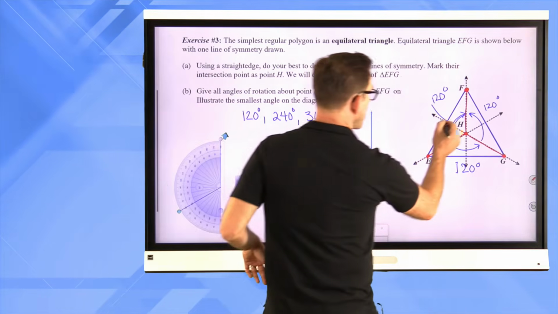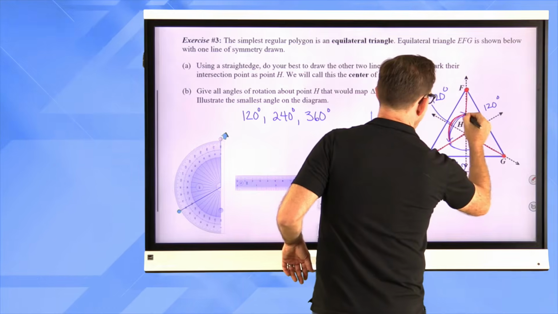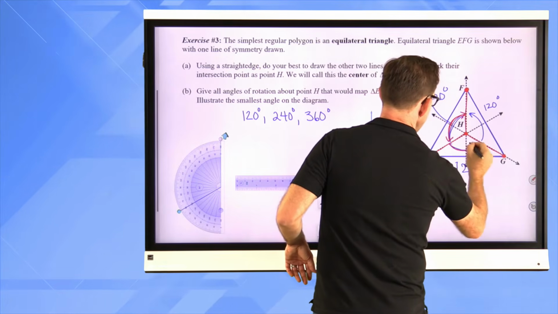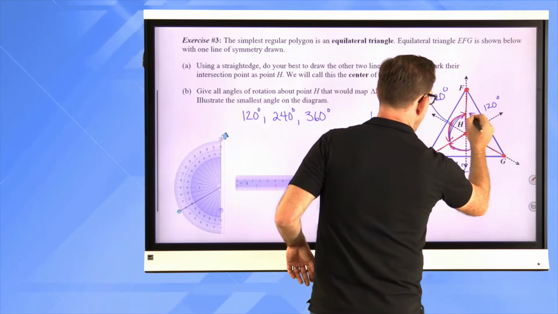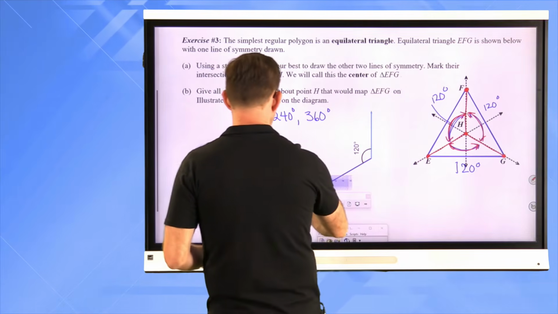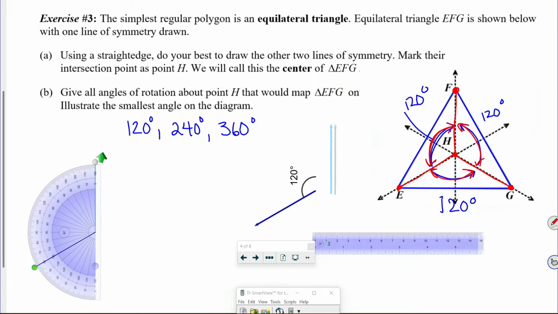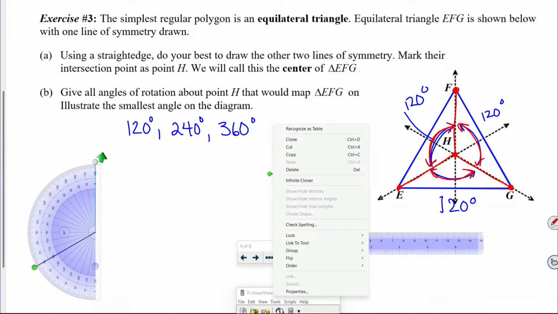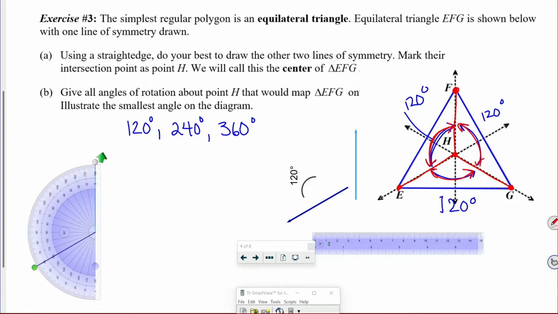Now, the ones that I care about are this angle, this angle, and this angle. I can figure out what all of those are by simply doing 360 divided by 3 and get 120 degrees.